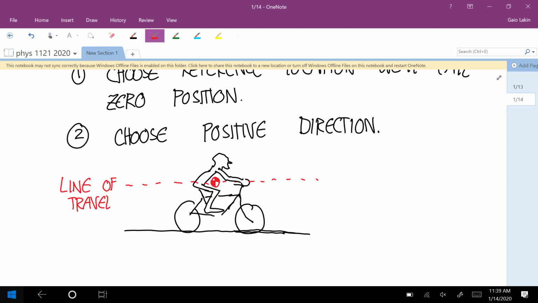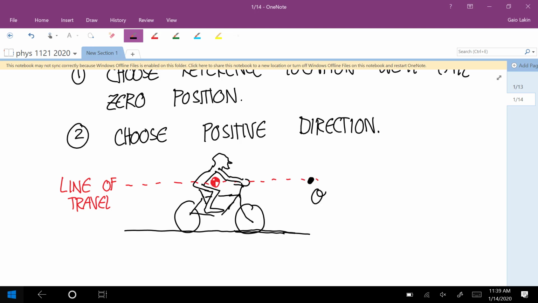The way this works is, first, somewhere along this line, we're going to choose our 0 position. That's arbitrary, although once you choose it, you have to use it consistently for the whole rest of your calculation.